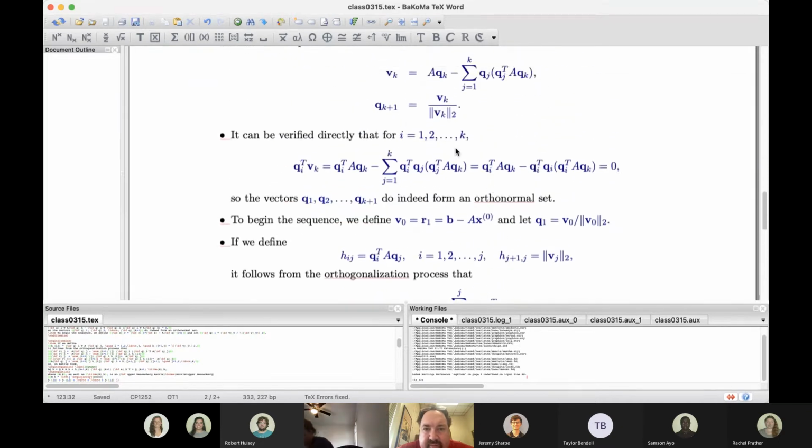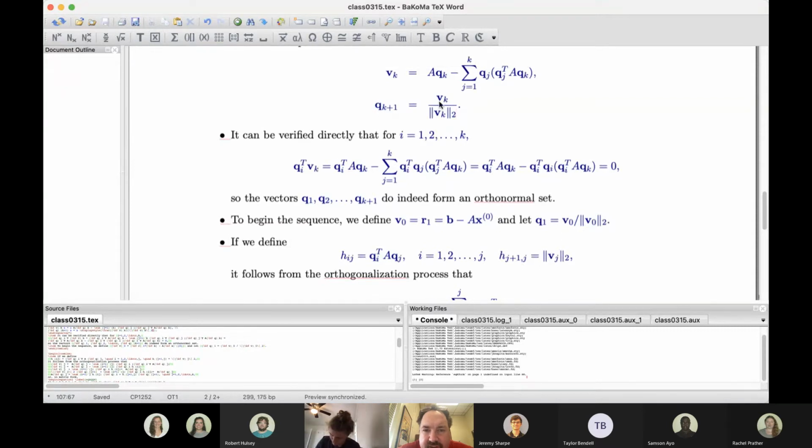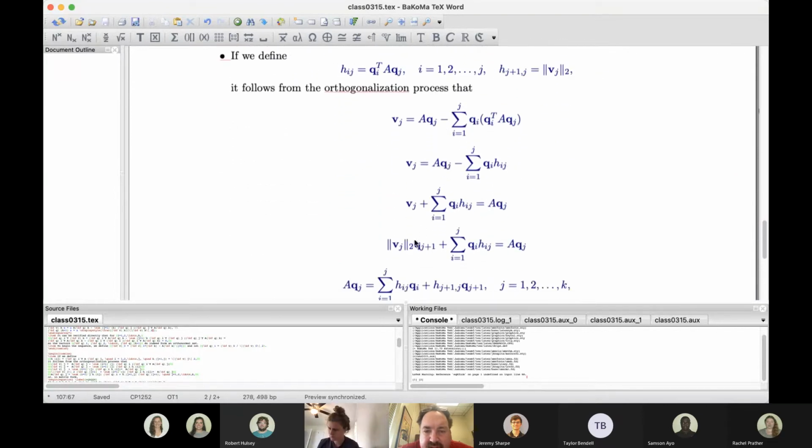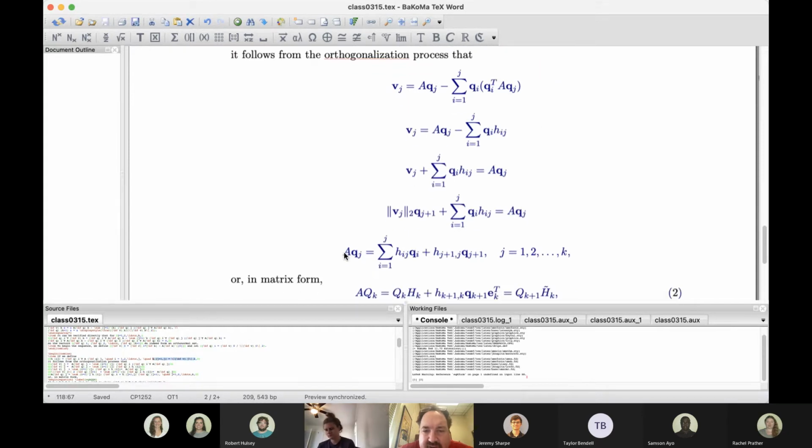And that comes from this right here. So I just replace v_j with q_{j+1} times the norm of v_j, just rearranging this equation. But 2 norm of v_j is this. So now that gives me this line right here. All right. So this is just another way of looking at this Gram-Schmidt orthogonalization process.